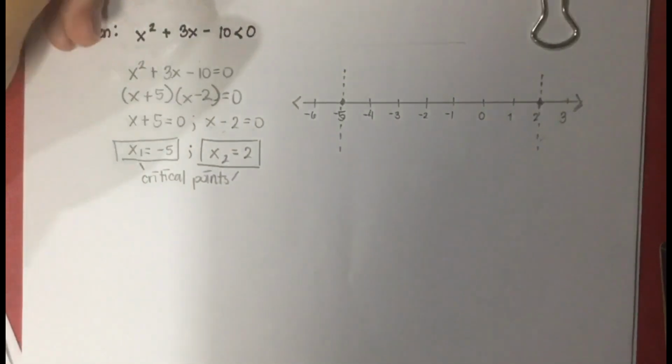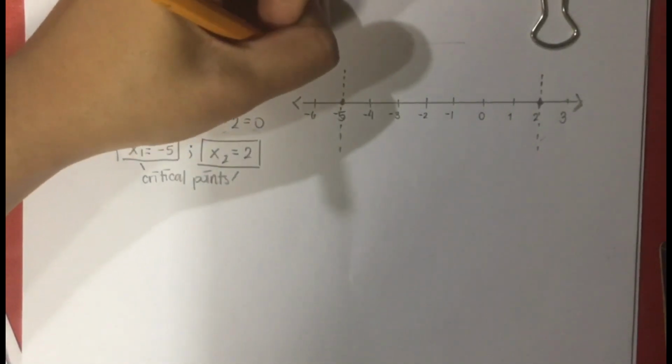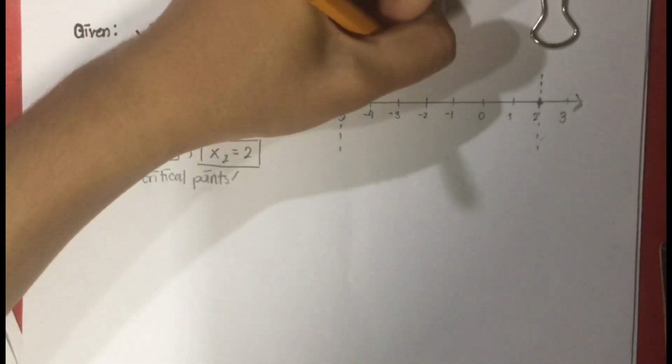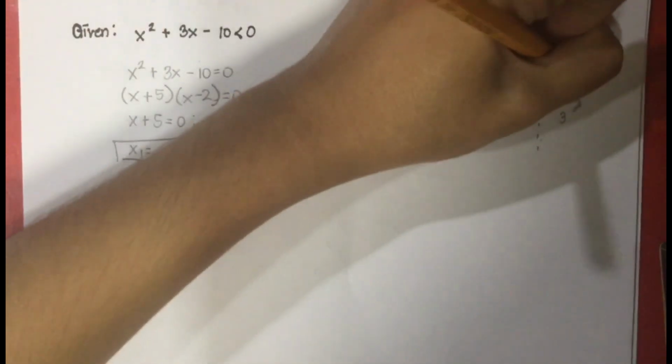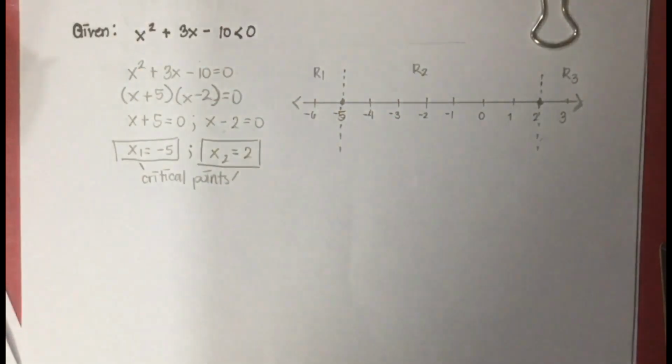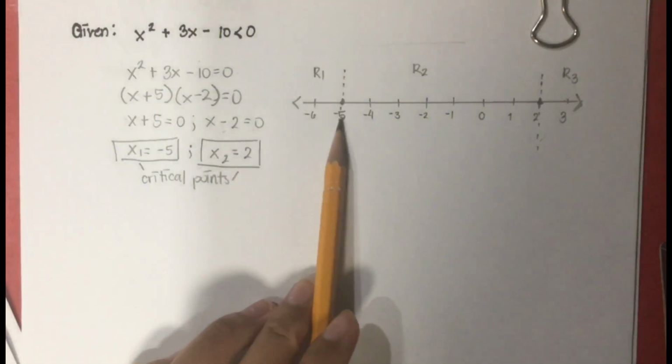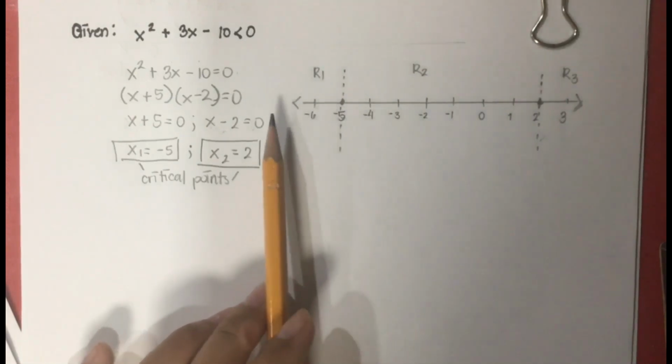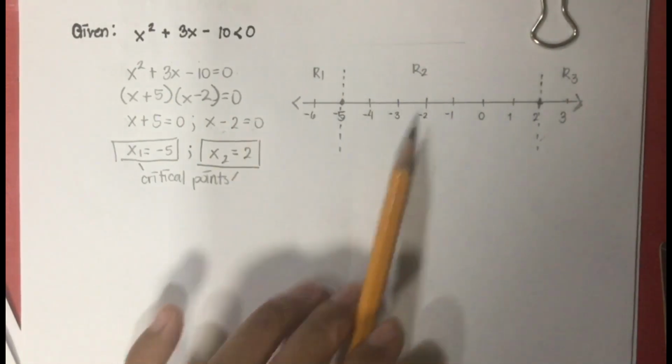Now this will be our region 1, region 2, and region 3. Region 1 starts from negative 5 to lower: negative 5, negative 6, negative 7, and so on.